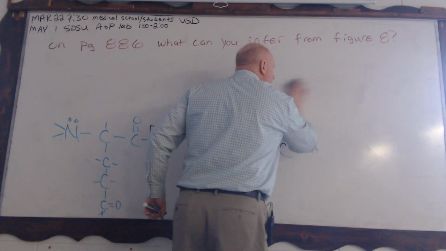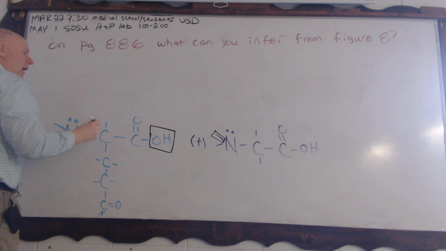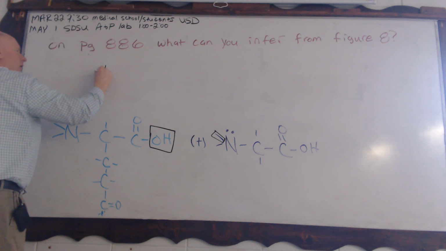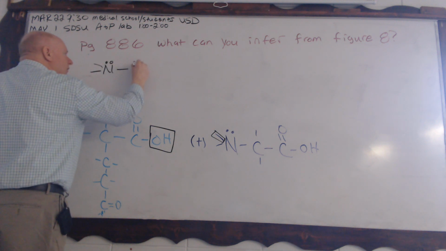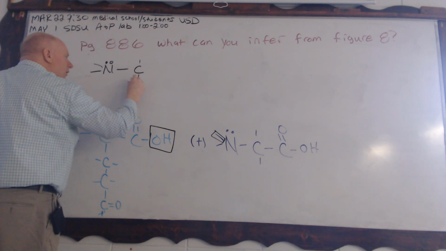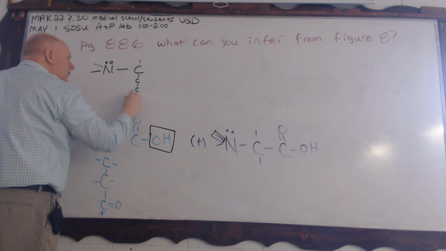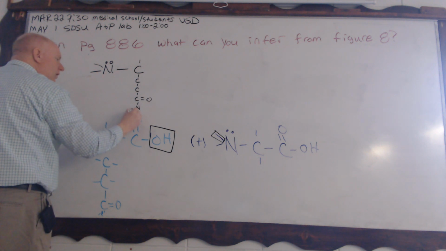So now what we want to do is link them together. We're going to take this and illustrate how to link them together. So there's our nitrogen, carbon, and I should probably write really small so that I don't run out of room like we did before.